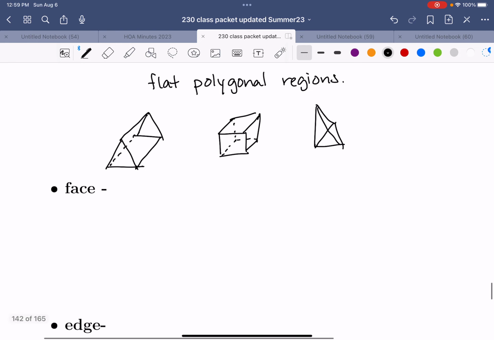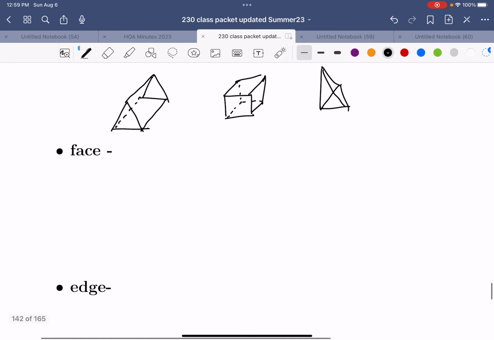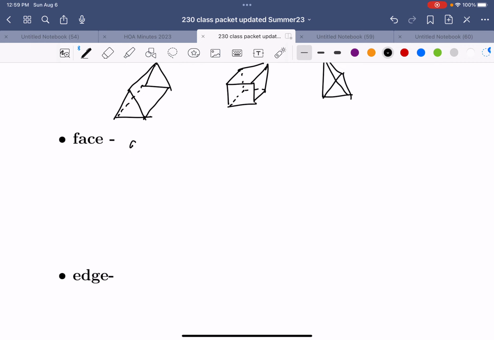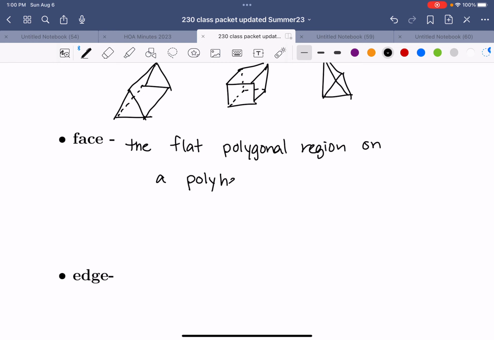Okay. A face, then, is the flat polygonal region on a polyhedron or solid. Okay.